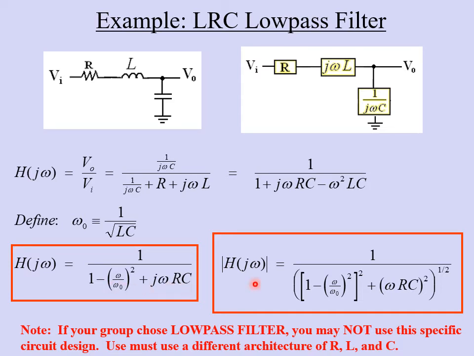So we just take the real part squared, which is right here, plus the imaginary part squared. You don't include the j, you just do the omega RC and you square it, and you take the square root of that whole thing. So that's why there's the power of 1/2 here. So this is the magnitude of the frequency response, which is what we're going to use next.